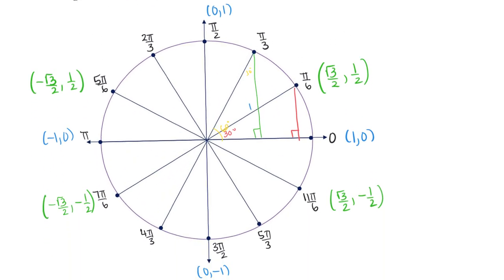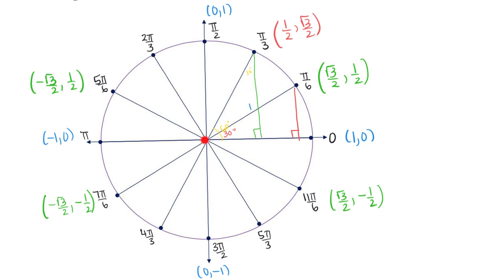Let's look and see if that makes sense. So 1/2 is the short distance, root 3 over 2 is the tall distance. So this ordered pair is 1/2 short distance, tall distance is root 3 over 2. Since this is pi over 3, all the ones with a 3 in the denominator, which is this one, this one, this one, and this one, should have the same ordered pair with different signs.